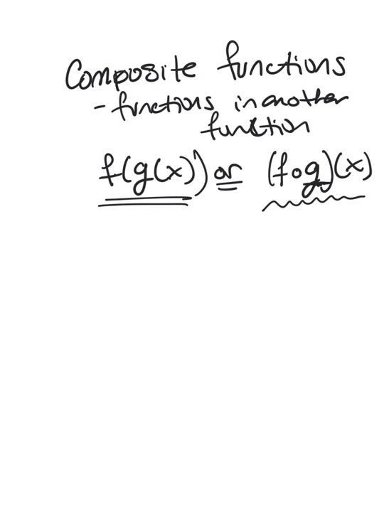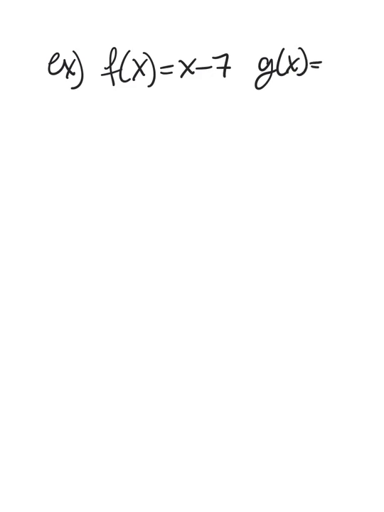So, for example, let's say I said f of x equals x minus 7, and g of x equals the square root of x. And I'm asking for f of g of x. So I'm asking for g of x to be inside f of x.